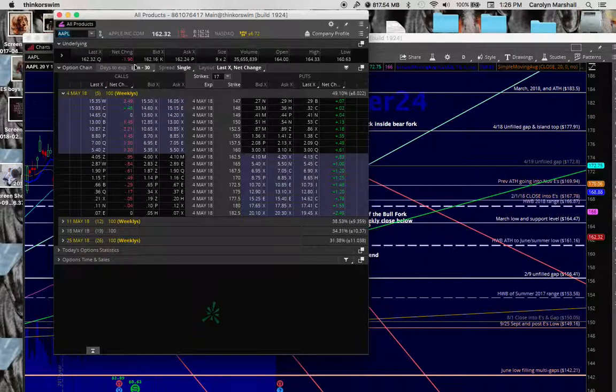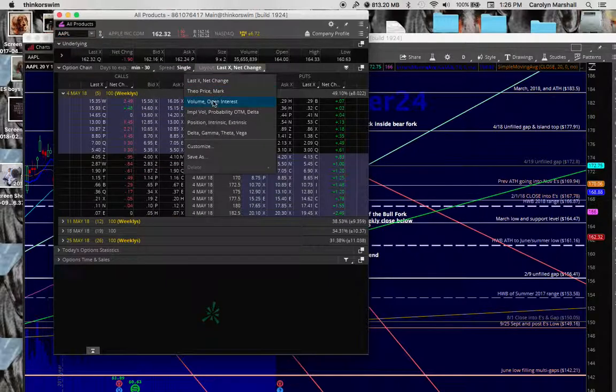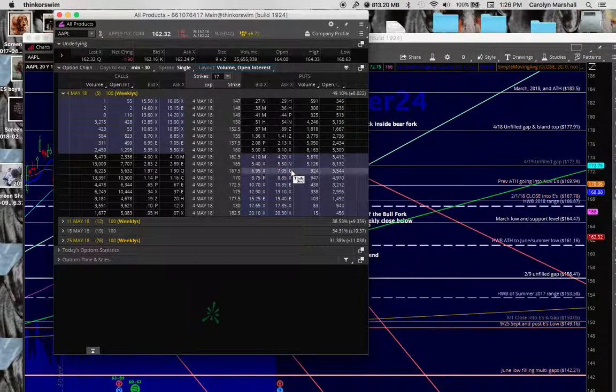Let's take a look at the open interest real quick. The open interest is pretty high. Volume and open interest is highest at that 150 level. But you can see there was a lot of volume that came into the 160 and the 157.50s on Friday. There's a lot of volume and activity there.